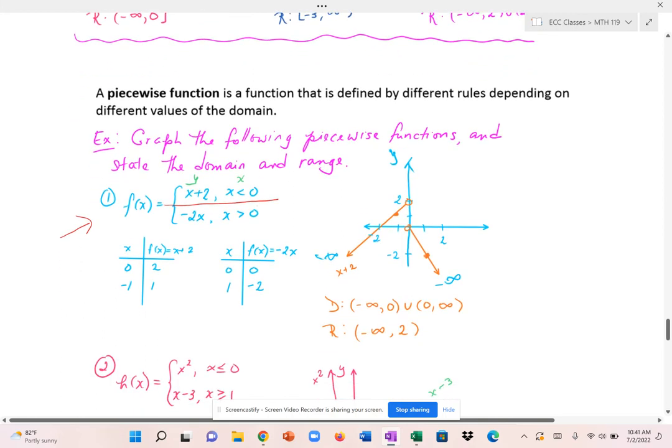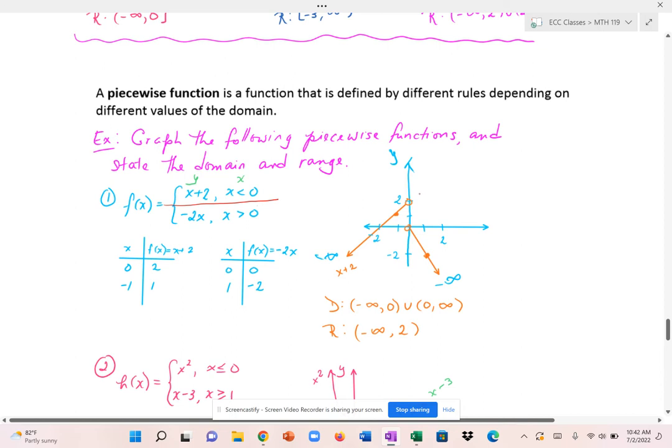So the top part, the x plus 2, is a line. So even though it says less than 0, you want to start at 0 and then pick another number less than 0 and plug it into your statement of x plus 2. So I have 2 points to plot, 0, 2, and negative 1, positive 1.